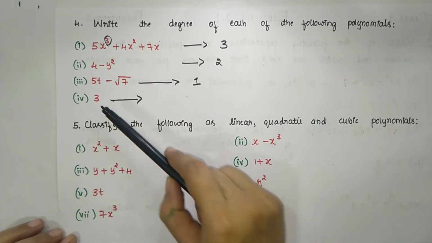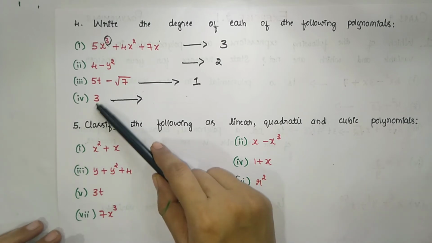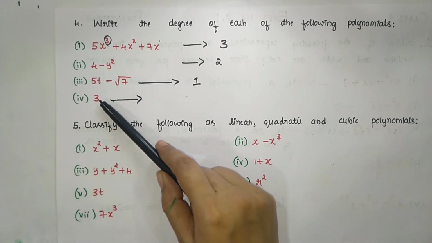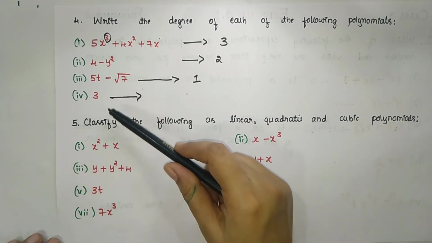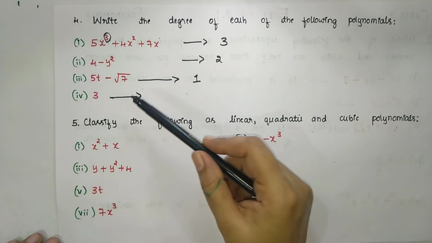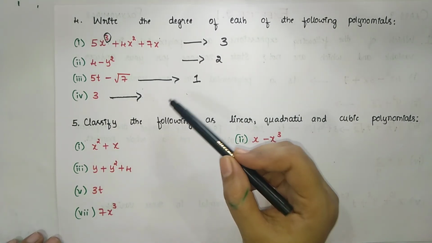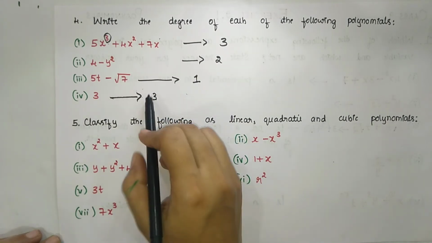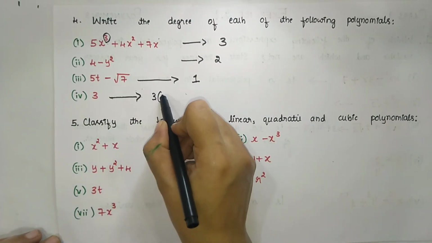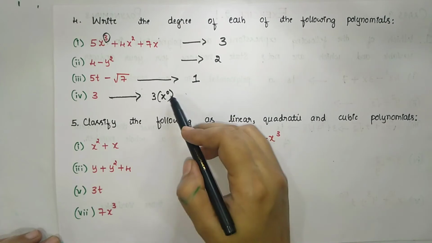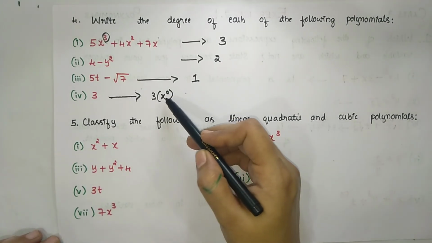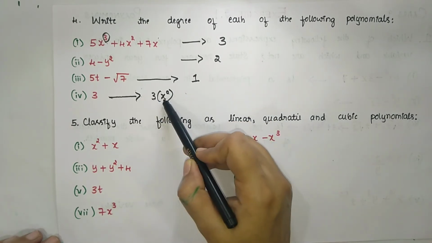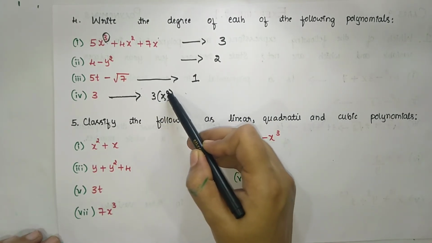In the last question only one number is given, that is 3. We don't have any variable here, but whenever you have a constant, either a positive or negative number, it is called a constant polynomial. It is the constant multiplied by any variable, x, y, z or t, with the power or exponent 0.